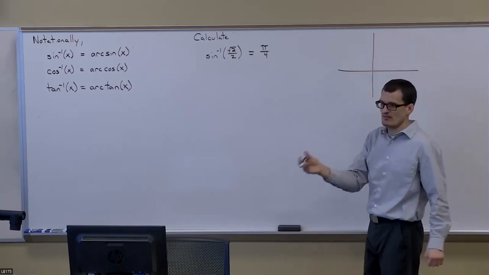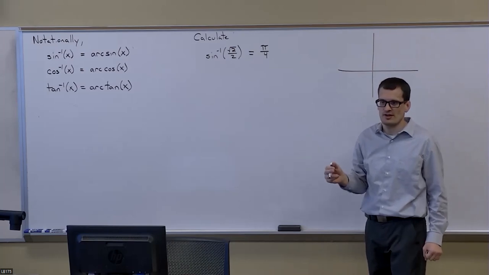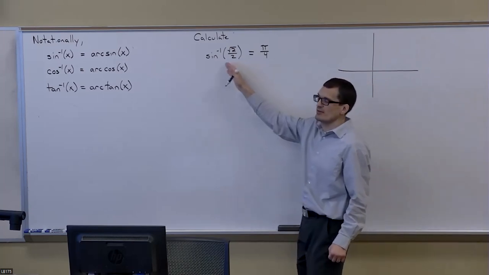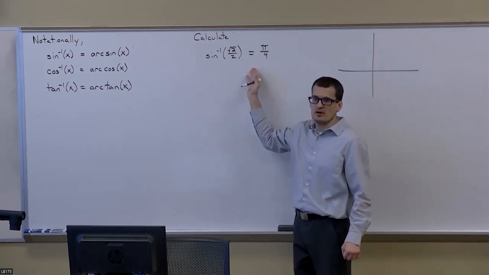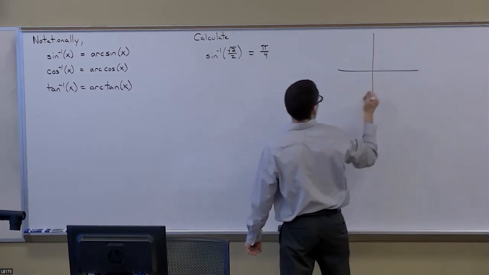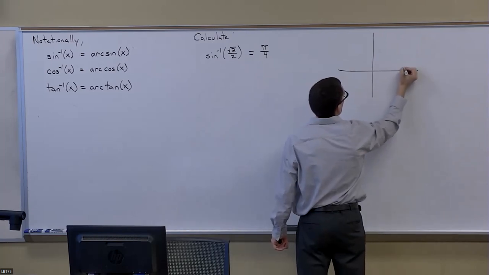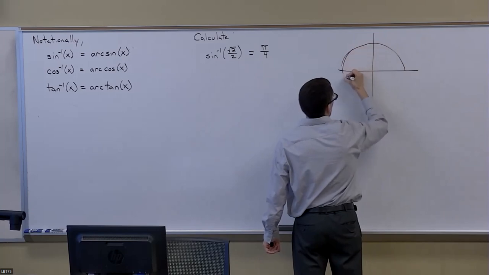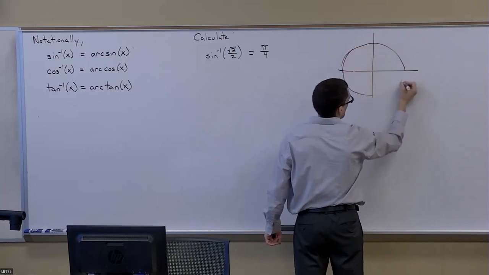That is 0.7854. That's the decimal version of it, right? So we can type it in to get the rounded answer. But let me explain why I know, without even having to type it in, that the answer is pi/4.